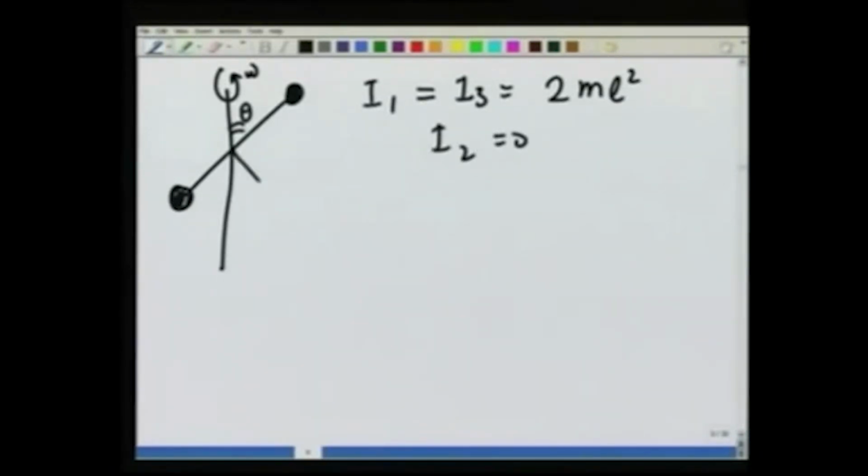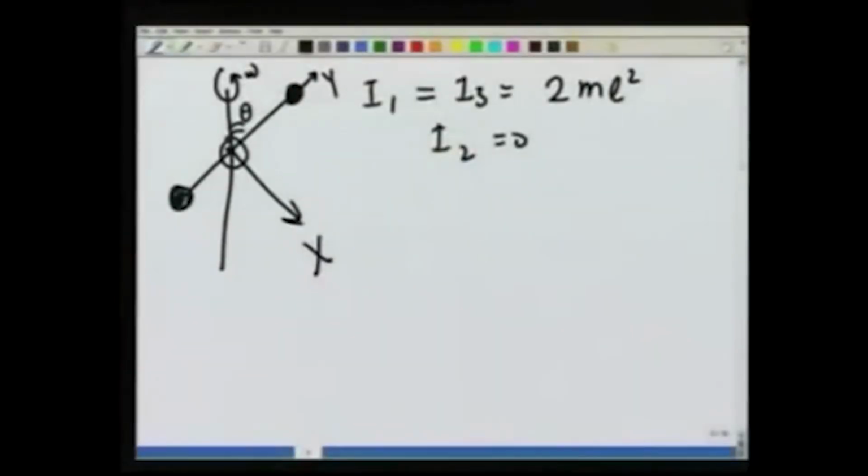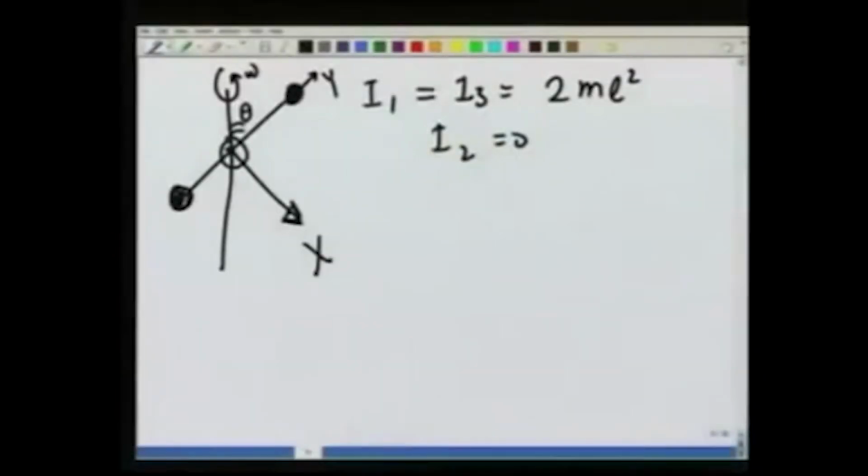Let me remind you, this is my x axis, y axis, and z axis coming out, and as I said earlier, as the body rotates, these axes are fixed in the body. These axes will also move. So, the components really refer to the components at the time when this rod is in the plane of this screen.